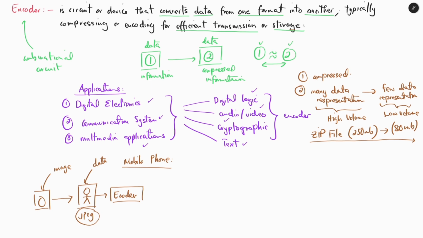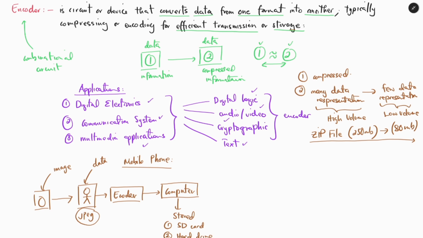From there, the encoder will transmit this information to our computer, and then it can be stored in our storage, and our storage can be the SD card, micro SD card, the hard drive, or the internal memory of our mobile phone.